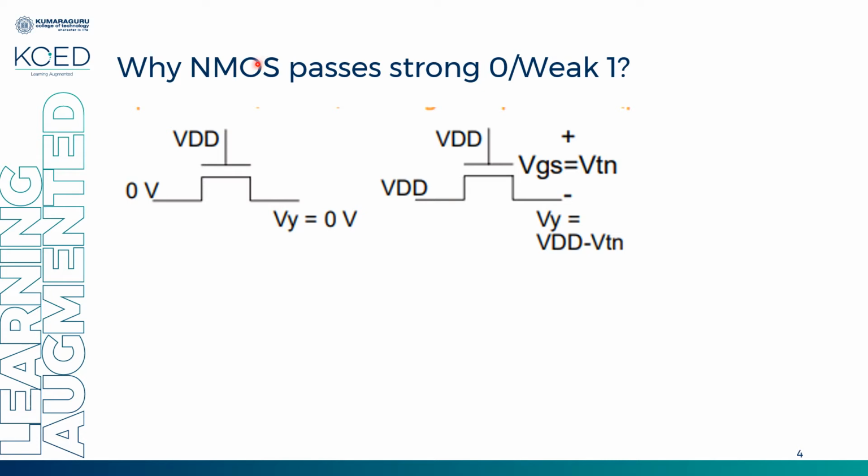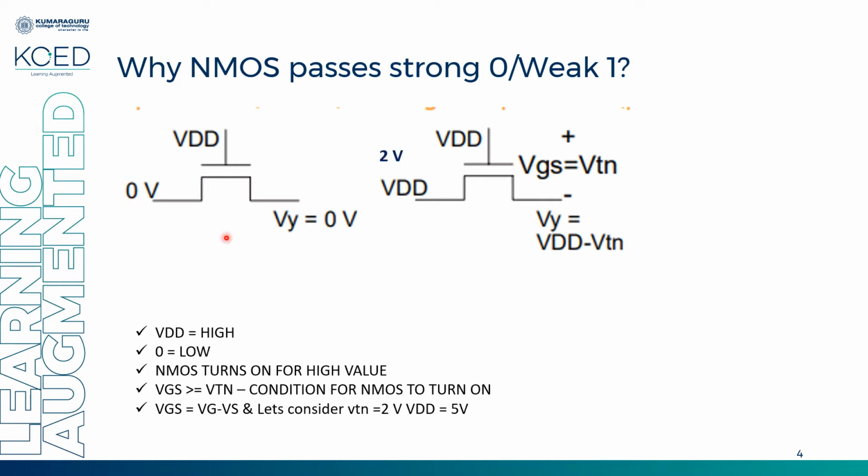Now I am going to justify why NMOS is good at passing a strong 0 but a weak 1. So some of the basic things we'll recap. In case of digital, if it is a high voltage, it is logic 1, low means 0 volt. So in case of analog, we'll see VDD will be the high and 0 volt will be the low.